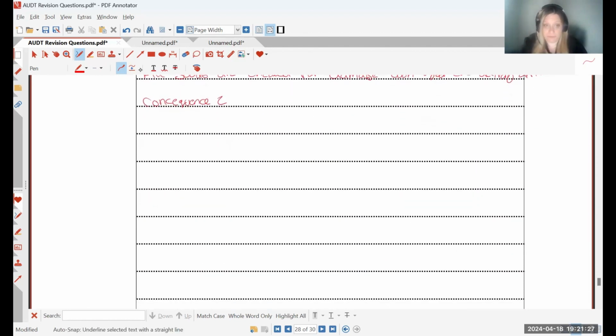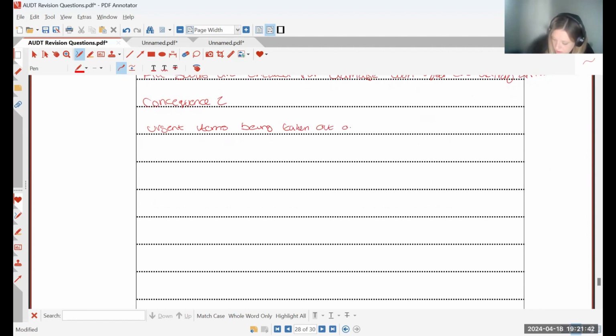So consequence 2, this was urgent items being taken out of unchecked deliveries. This increases the risk of poor quality items being used.